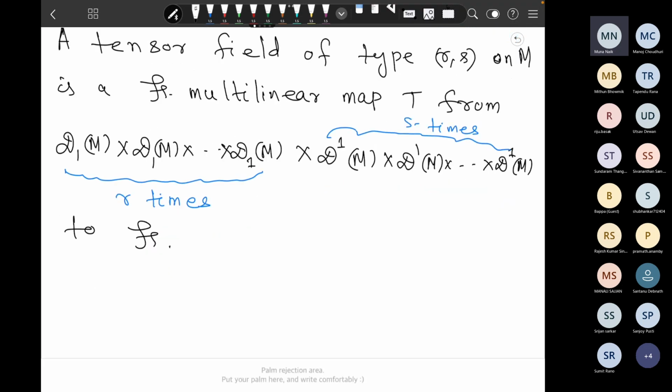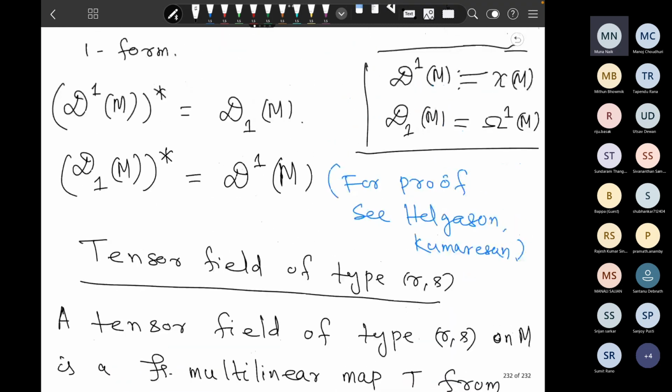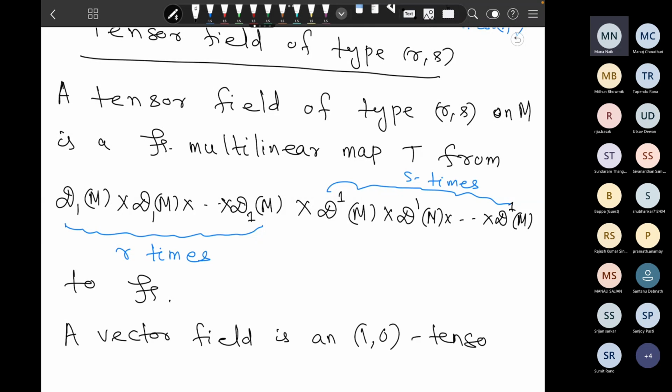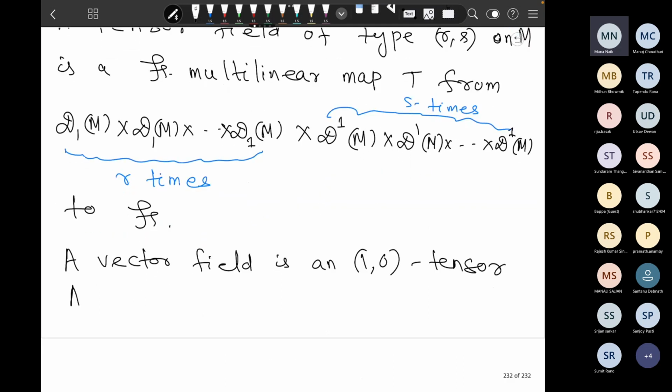So by definition, this is a very important thing. Since I am using d1m star is equal to d1m, one can say that a vector field is a 1-0 tensor, and a one form is a 0-1 tensor.